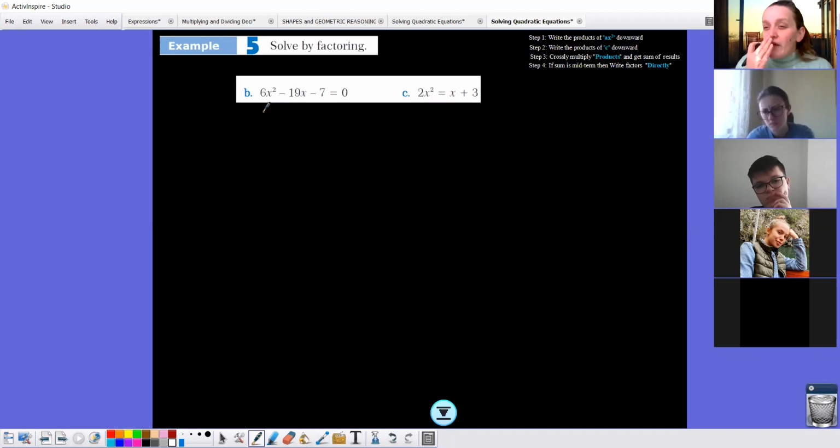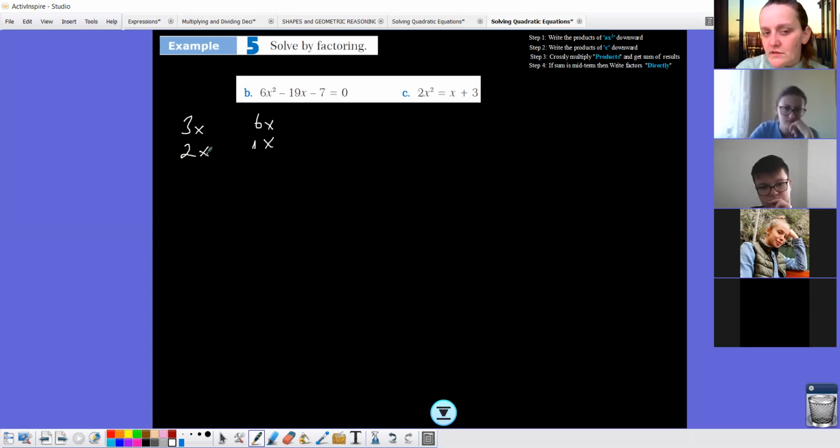For 6x squared, we may have 6x and 1x, or we may have 3x and 2x, okay? And we don't have anything else. Here, what we have is 7. 7 is a prime number, so only 7 and 1, or 1 and 7. And it is minus, so one of them has to be minus.